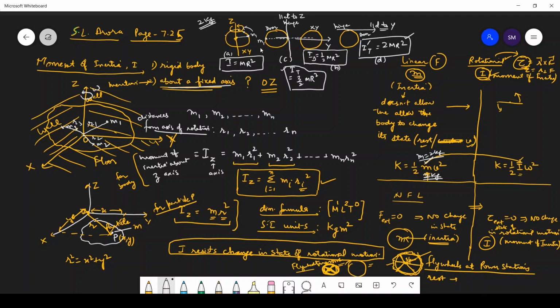So here in case A and B, the masses, it is horizontal motion. Here it is moving horizontally at its place. Here it is moving at its place vertically.